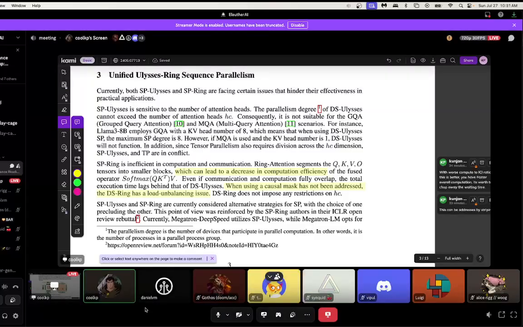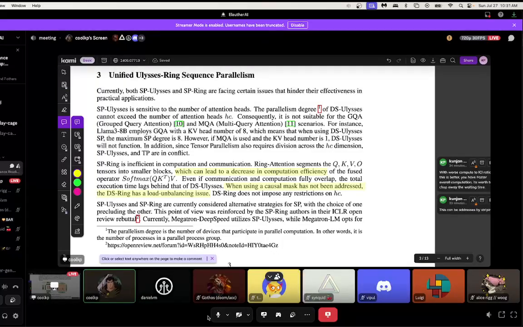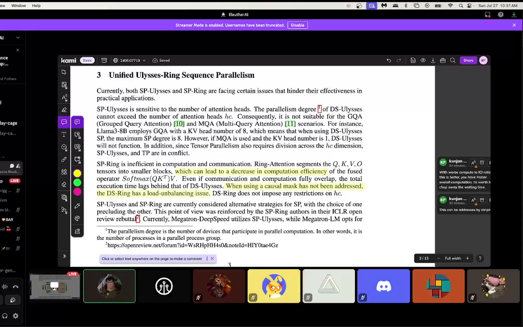I meant more like, is the number of heads in practice really a limiting factor? Are people talking about that? At least in my work, people did balk at this when the limitation came out. They said, "Oh, that's bad."